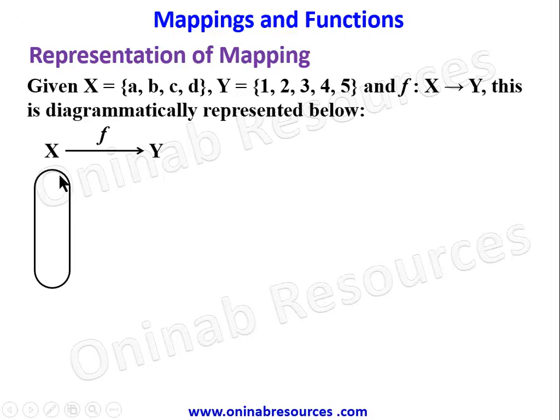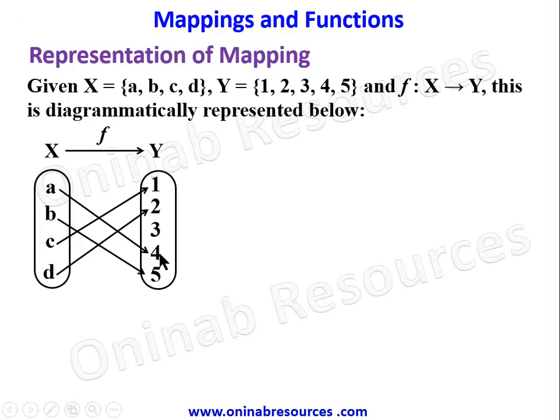So we have the set a, b, c, and d, then set Y: 1, 2, 3, 4, and 5. So from here now, a is mapped onto 4, c is mapped onto 1, b is mapped onto 5, and d is mapped onto 2.